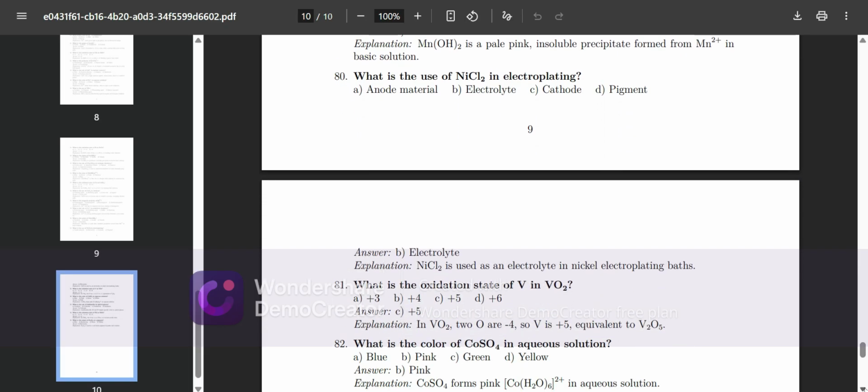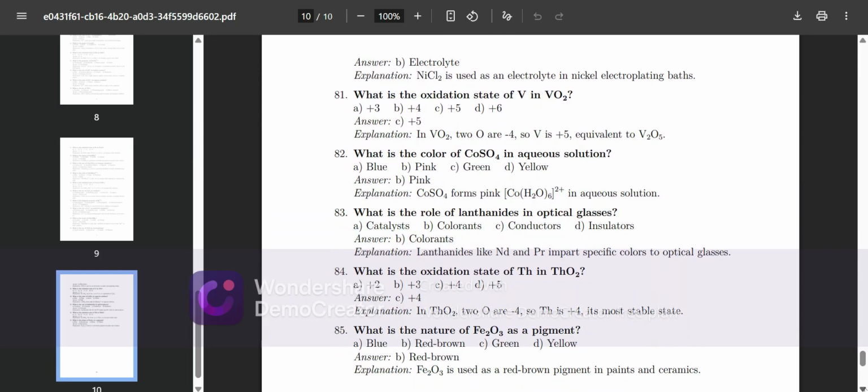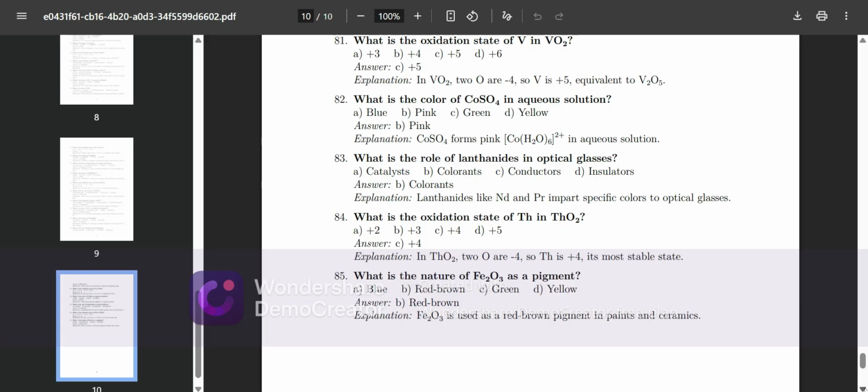NiCl2 is used as an electrolyte in nickel electroplating baths. What is the oxidation state of V in VO2? In VO2 2+, oxygens are minus 4, so V is plus 5, equivalent to V2O5.